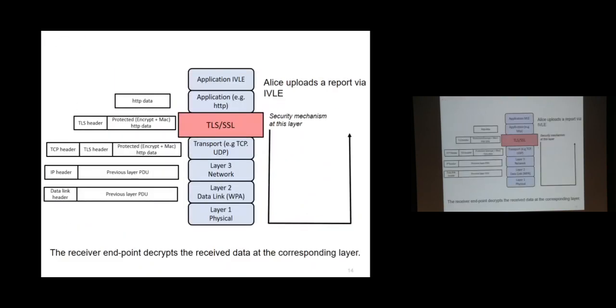When we say TLS sits in between these two layers, it means that the way we see things is this way. If there is data, a user using Luminus keys in their report, submits their mark or whatever they type, these are application data. The application data will be passed to HTTP to be sent, so in some way transformed into HTTP data.